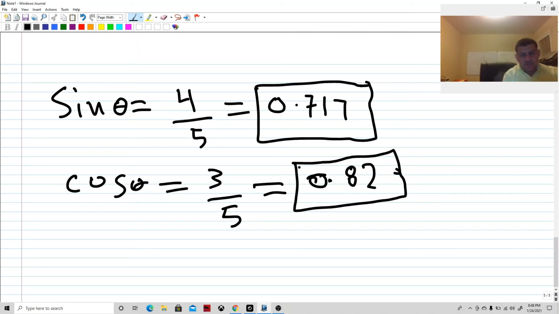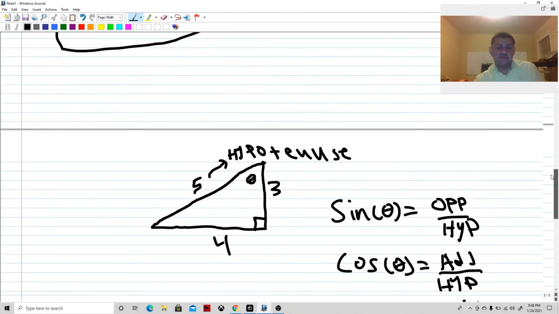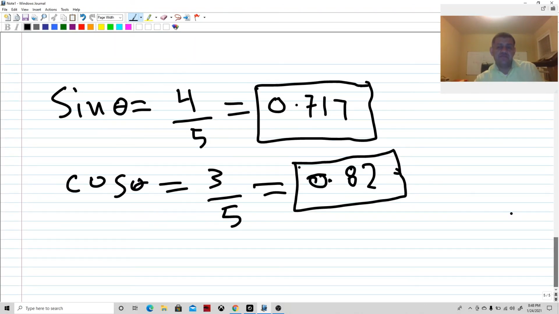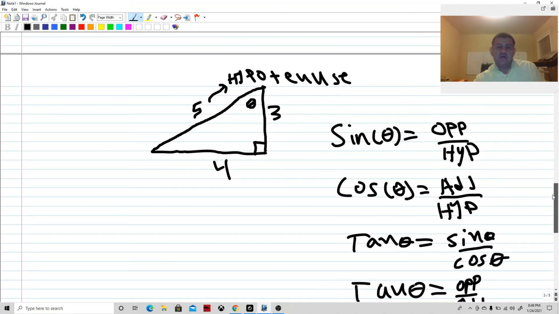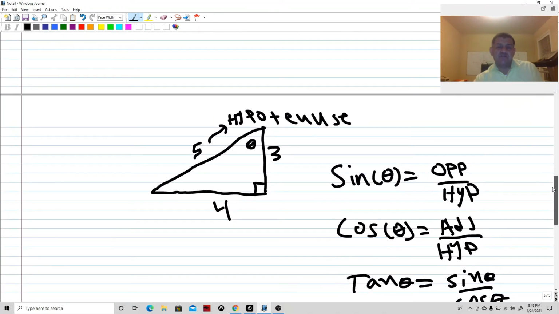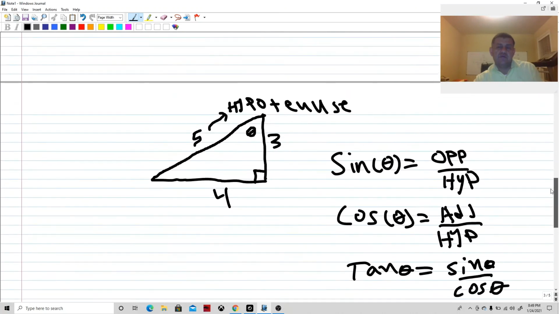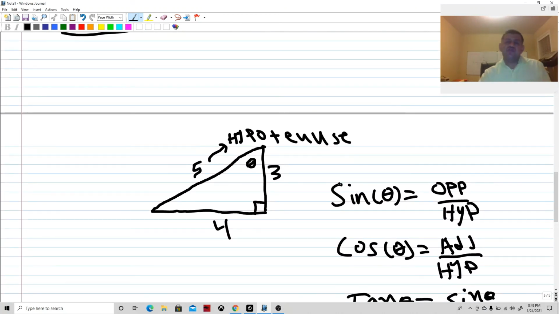So the tangent will be the ratio of the opposite over the adjacent, and when it's something like that, that is the value of the function.